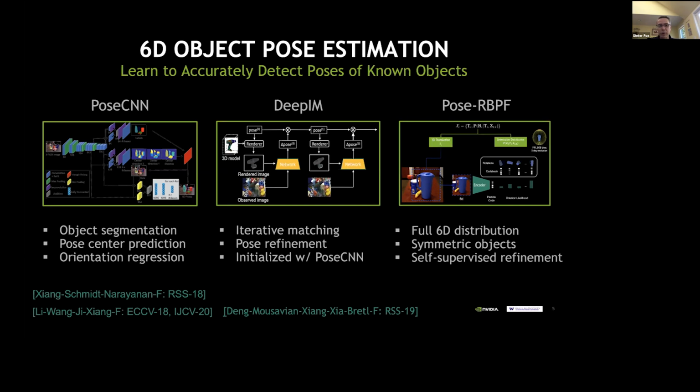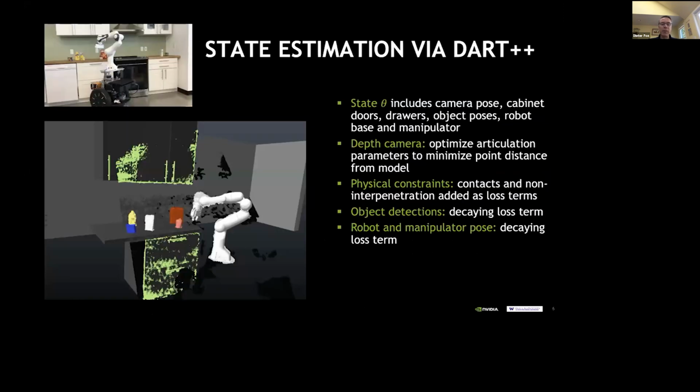So again, I'm not going to go into any details here, but these are the techniques that we developed in order to instantiate the information that these task and motion planning systems typically expect during the execution of a plan, for example.